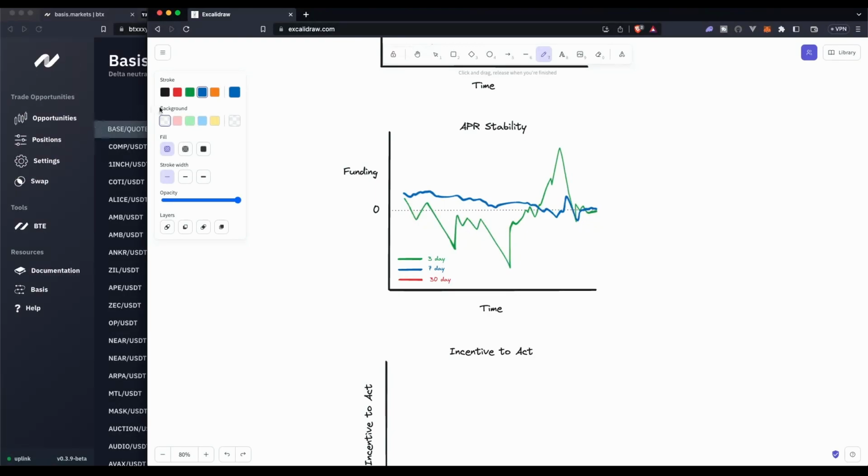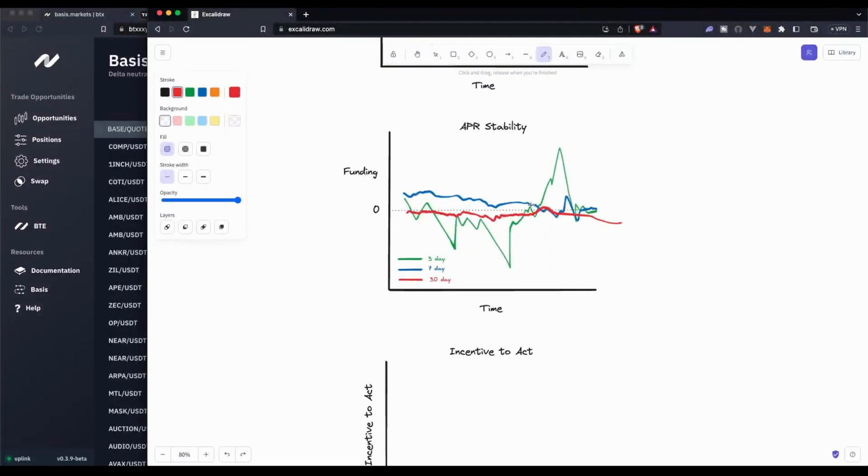But then if we look at the 30-day, we can understand that we're getting paid if we're in a reverse basis, for example, and it's been a lot more stable. We're getting paid, say, 4 or 5%, for example, on this trade. We can be like, all right, the stability of the APR is quite good. I'm going to get in this trade for 30 days and hopefully get paid that stable APR that we can see in this chart here.